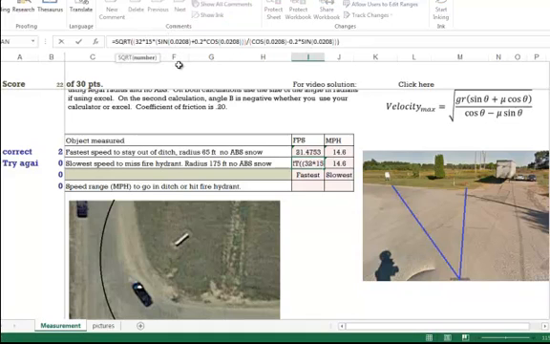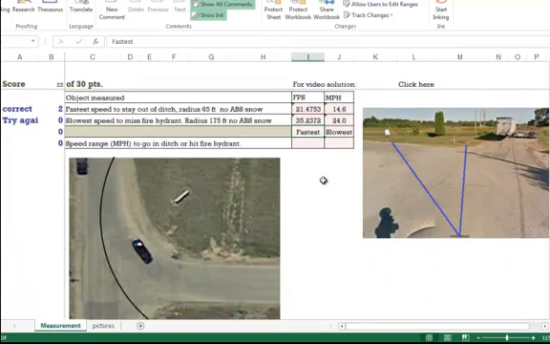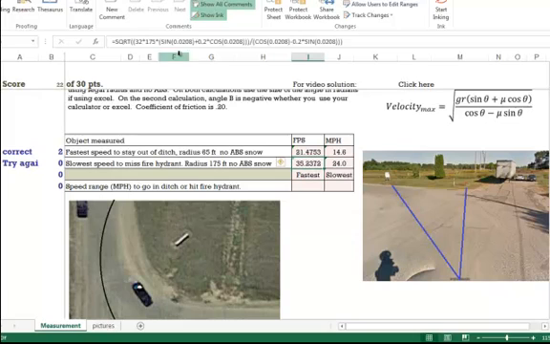The first one is that the radius increased to 175 feet. But the other thing that you notice here, it says that angle B is negative. So when we do our calculations here, we have to change this number to negative 0.0104 in every case.